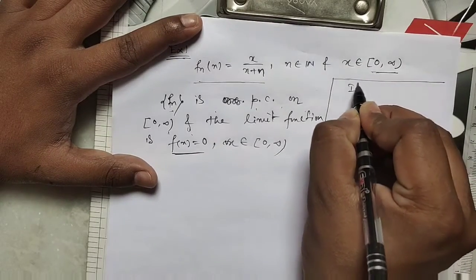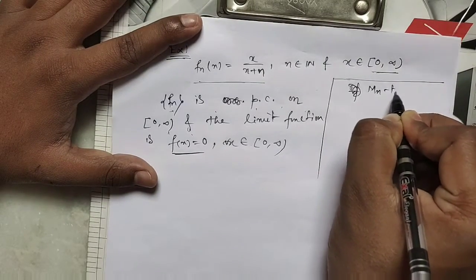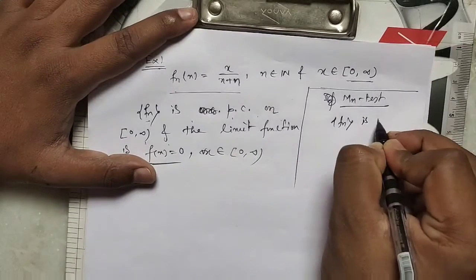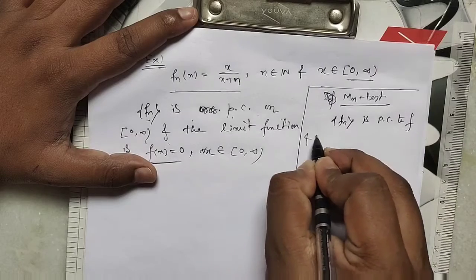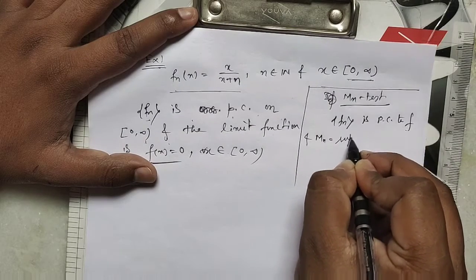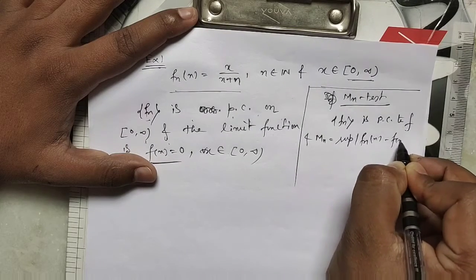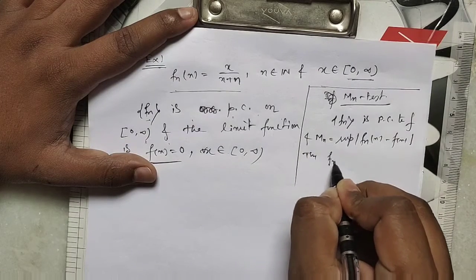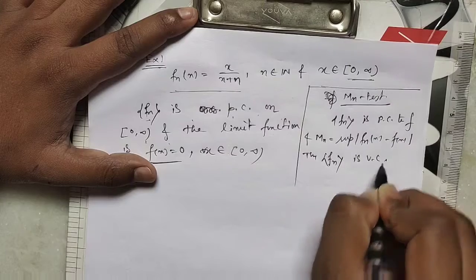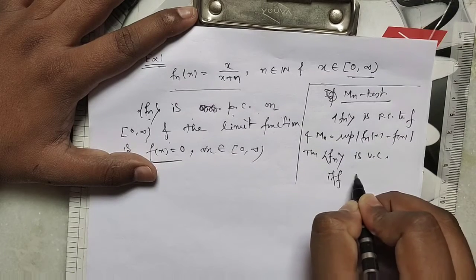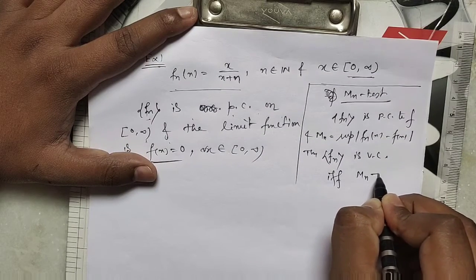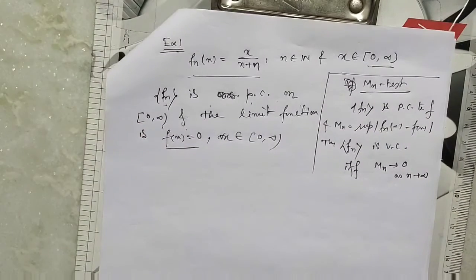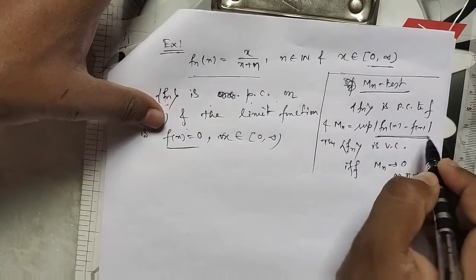Our M_n test is: if this sequence of functions is pointwise convergent to f and M_n equal to supremum of mod of f_n(x) minus f(x), then this sequence of functions is uniformly convergent if and only if the sequence M_n tends to 0 as n tends to infinity. So we find this supremum.